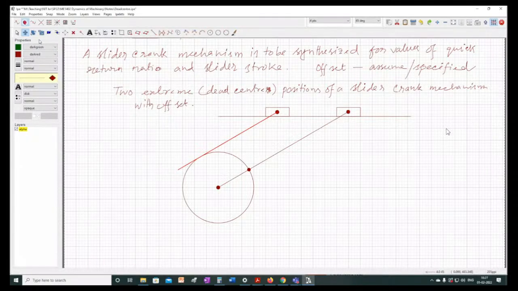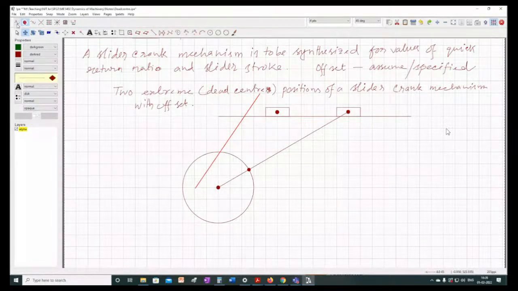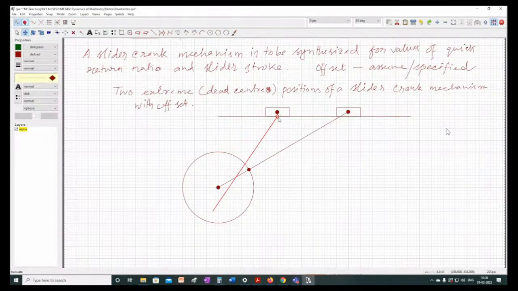So let's rotate it a little bit. Okay, again rotate it a little bit.